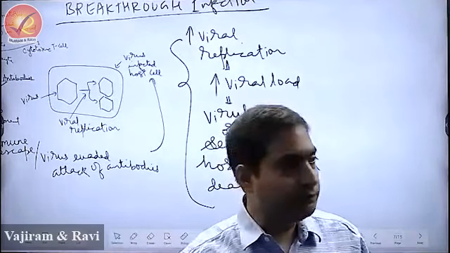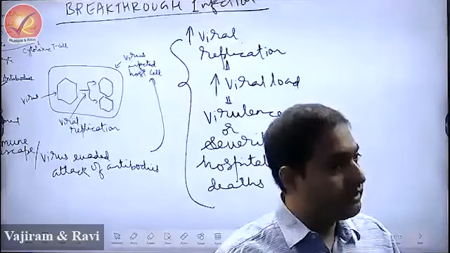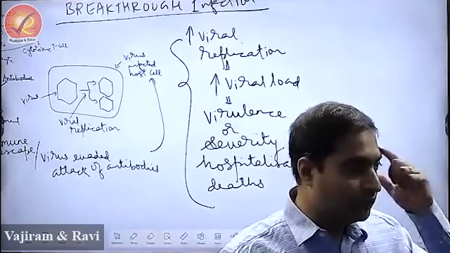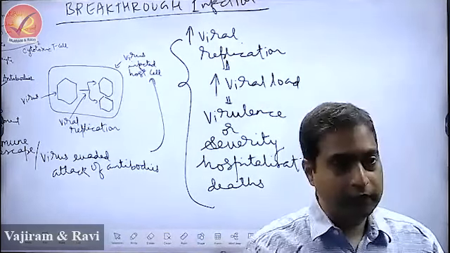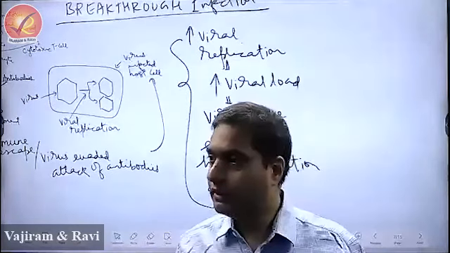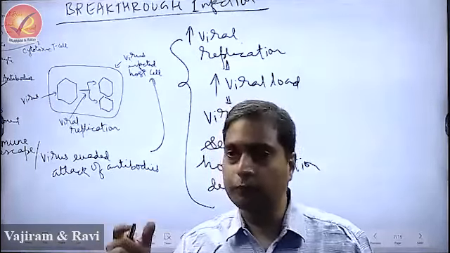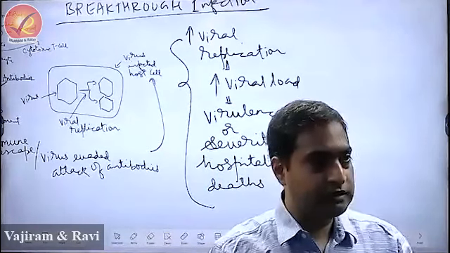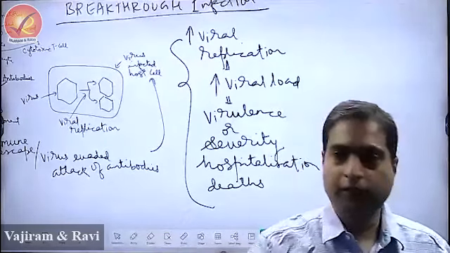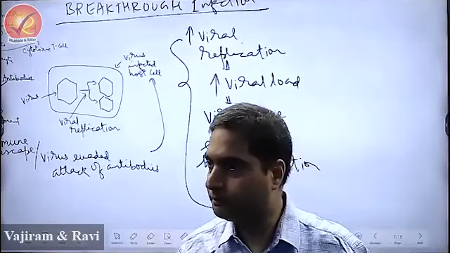When the virus multiplies, it will change its protein. Suppose coronavirus multiplies, it changes its what? Spike protein. If the spike protein changes slightly, then the antibody is not able to block the virus attachment, and the virus is able to escape the attack of antibodies. That is called breakthrough infection, immune escape.